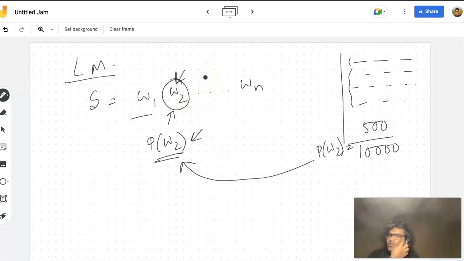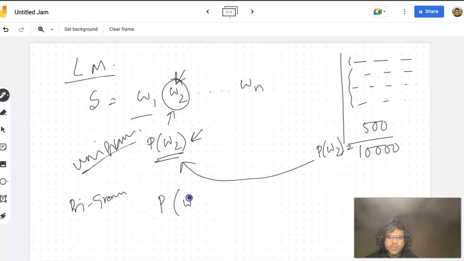This is a unigram language model, since you are not looking at any of the previous context. Now, for bigram, what we are doing is asking, what is the probability of w2 given w1? We are considering that w1 has already happened.